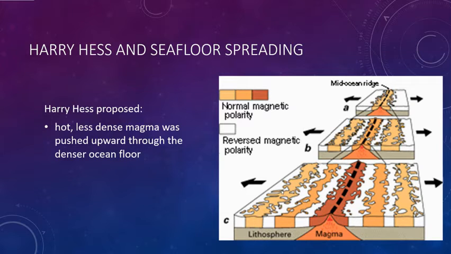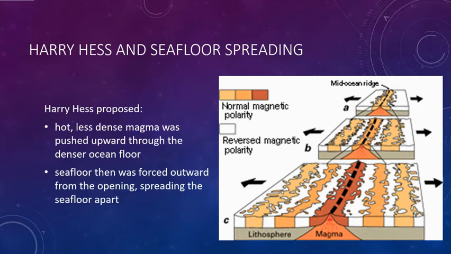It's called the Mid-Ocean Ridge. And these mountains are really small volcanoes where magma is pushing up through the ocean floor. It's hot, therefore it's less dense. He observed that the seafloor then appeared to be forced outward from the opening, hence the seafloor spreading. So the seafloor was getting larger because magma was creating new rock in the middle.